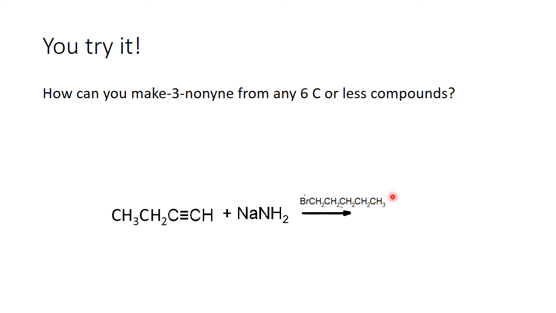Since there's 4 here, you would have to have 5 carbons in the substrate chain. So 1, 2, 3, 4, 5. So I would use pentyl bromide or bromopentane, 1-bromopentane. And this would end up doing an SN2 on this carbon and making 3-nonyne.